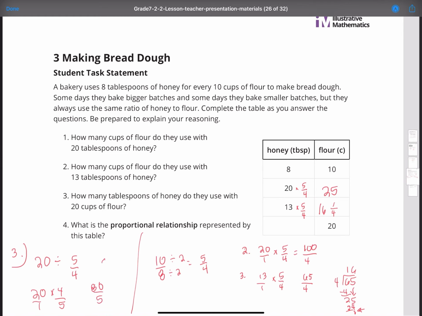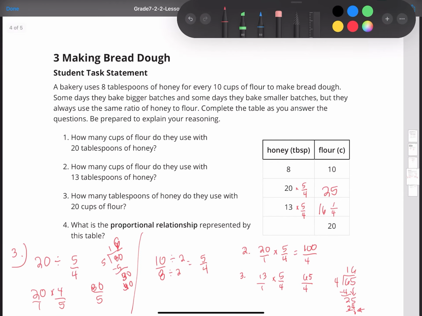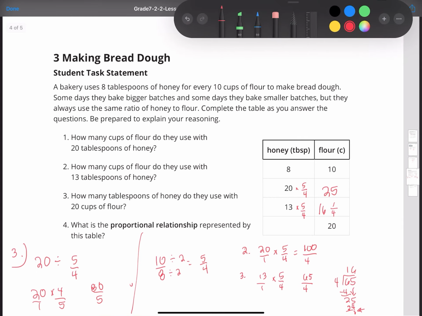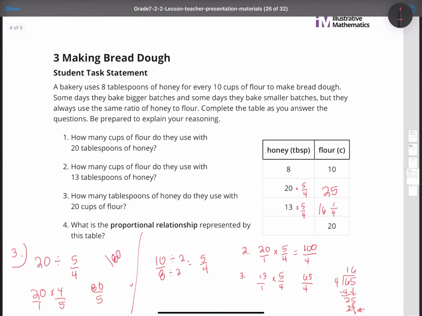So when I divide 80 divided by 5, I should get 18. No, I should get 16. Let me do that math again. Let me write a bit neater. So 80 divided by 5, and it goes in there one time, 3. Okay, there we go. And it should be 16.